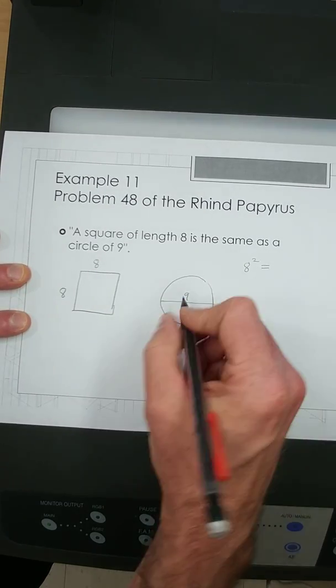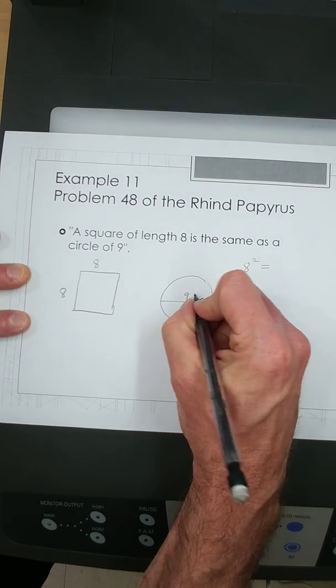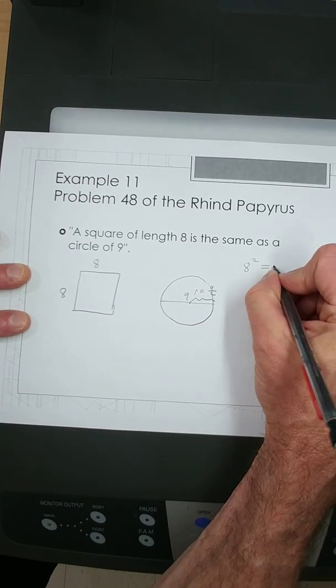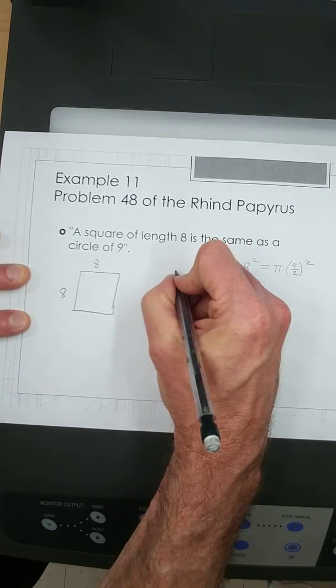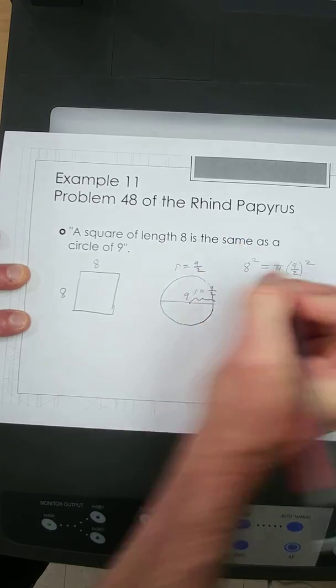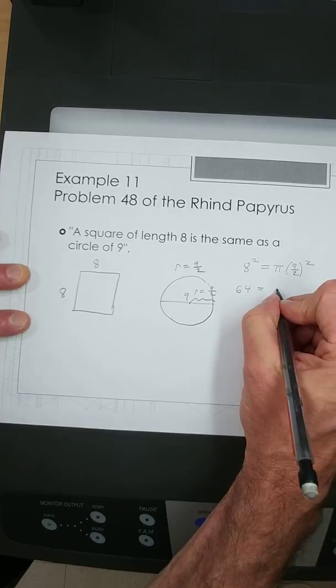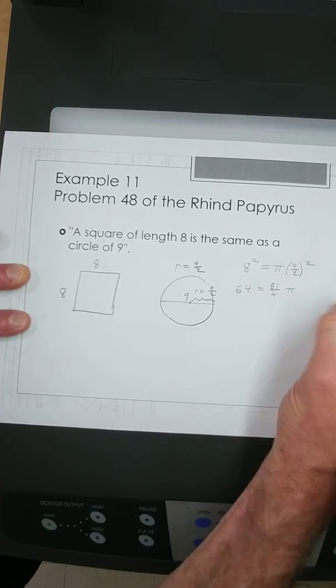And then for the circle, we have to find the radius because the diameter is 9. If we stay with fractions, it'll be 9 over 2. So it would be pi times 9 over 2 squared. If we square 8, 8 times 8 is 64. 9 halves squared is 81 over 4.